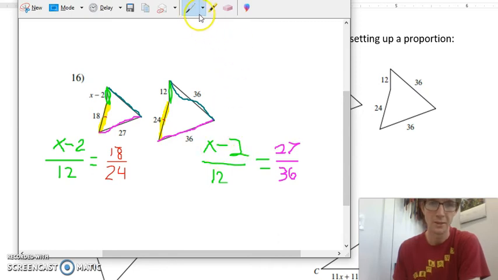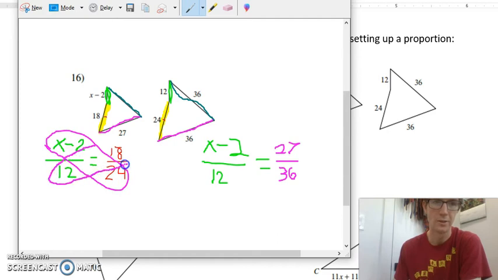But just going back to this, I'm going to solve this one because that's the first one I did. So if we cross multiply, x minus 2 times 24 would equal 12 times 18.